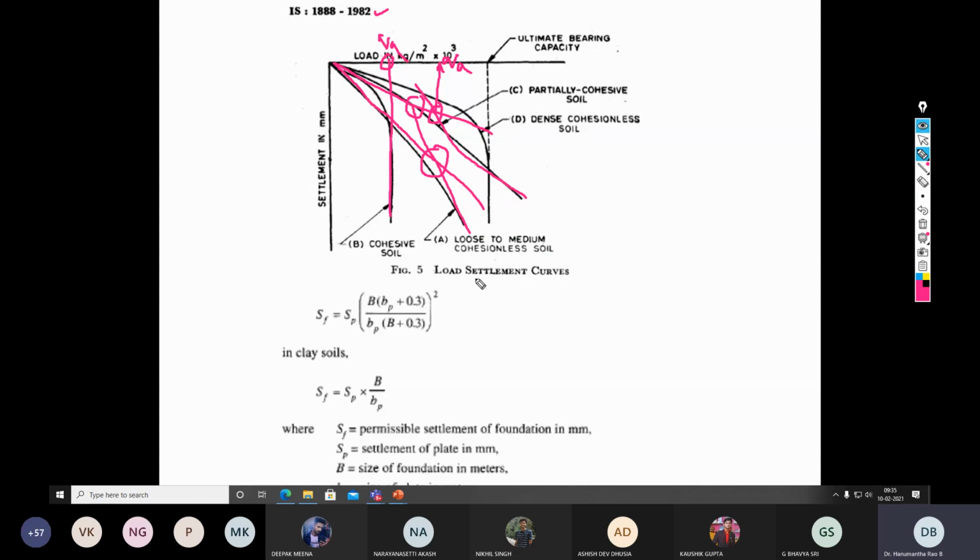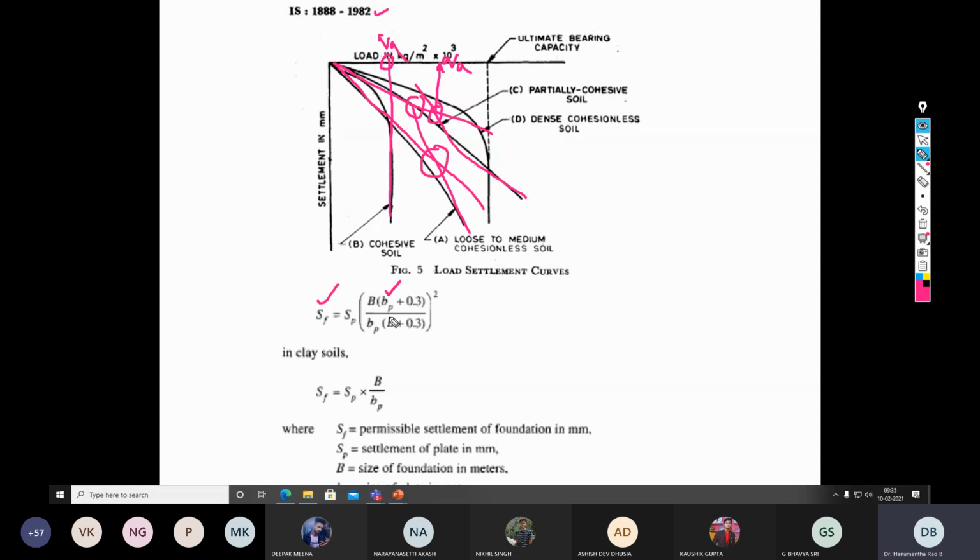We are conducting the plate load test using a plate of width either 30 centimeter or 60 centimeter diameter. But ultimately what we construct on the soil is a footing. We are not going to put the plate on the soil, we are going to put the footing.